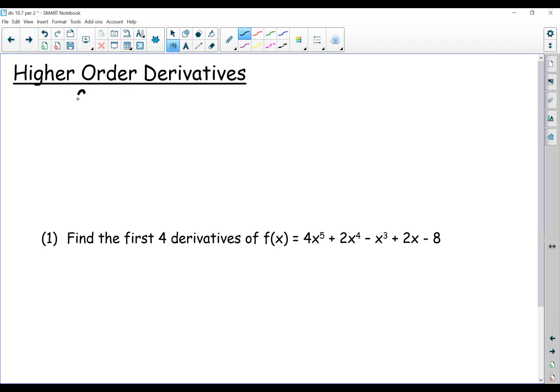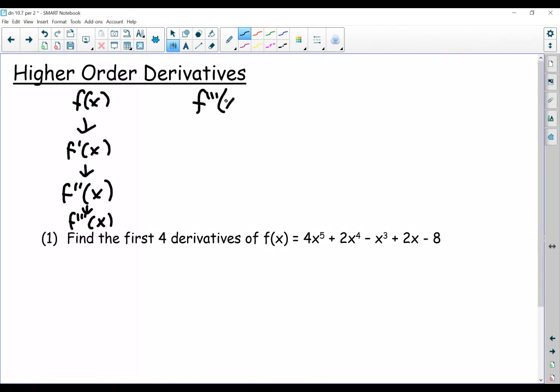So if f of x is my function, I would say f prime of x is my first derivative, f double prime of x is my second derivative, and then I could keep going. f triple prime of x is my third derivative. Now, if I wanted to take the derivative of the third derivative, it would be the fourth derivative. We don't put 4 primes because now it's just ridiculous.